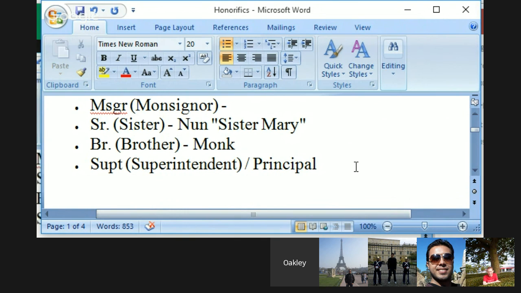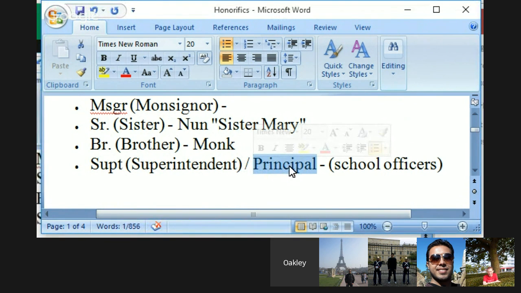The superintendent and the principal. These are school officers. The person most in charge of one school is the principal.